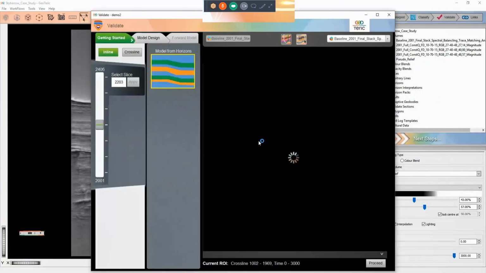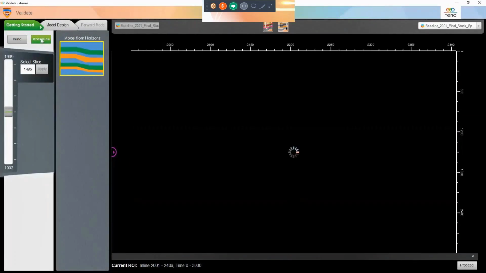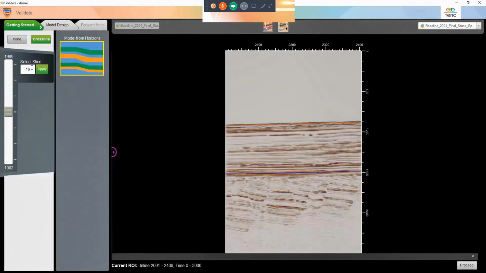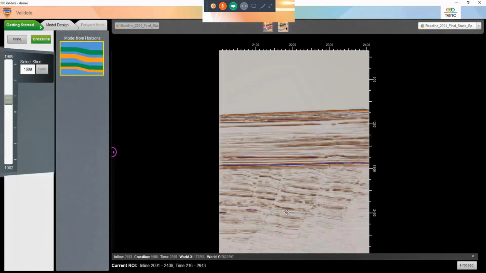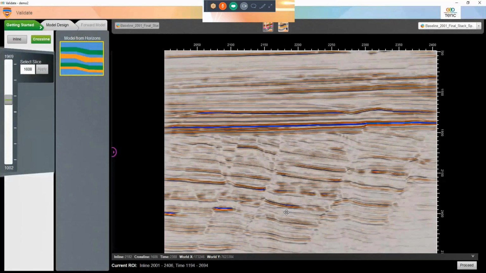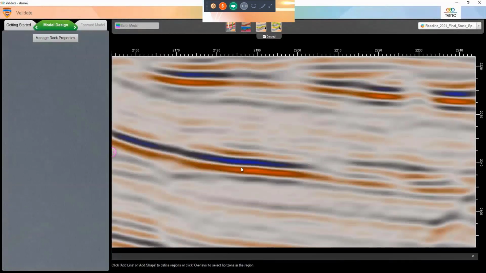This opens this window where we can go to, in this case, a cross line where I know the location of the reservoir. We zoom in on the area of the reservoir, and now we define the area we are going to work on. You define a rectangle around the area of interest, and that's the area where we're going to work.